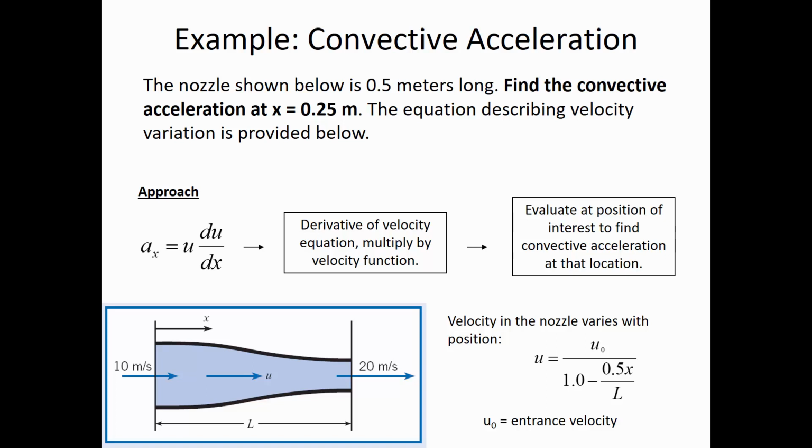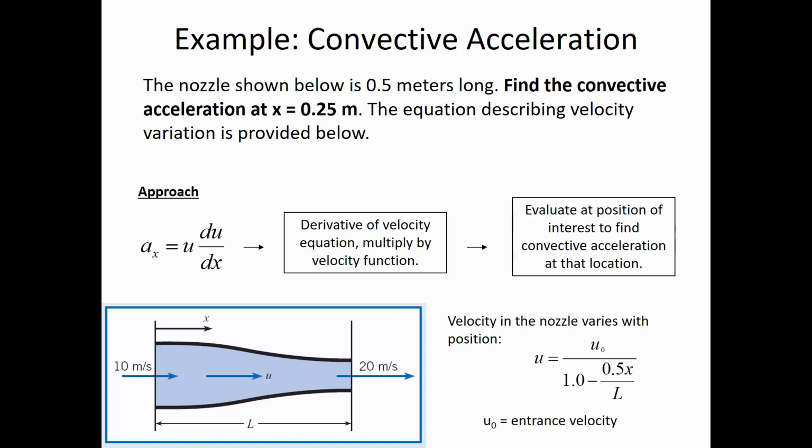That m is 1 minus 0.5x divided by L. So du dx is minus 1, the initial velocity, divided by 1 minus 0.5x divided by L, squared, multiplied by negative 0.5 divided by L. So I've just resubstituted in what m is, putting that back in after having taken the derivative.